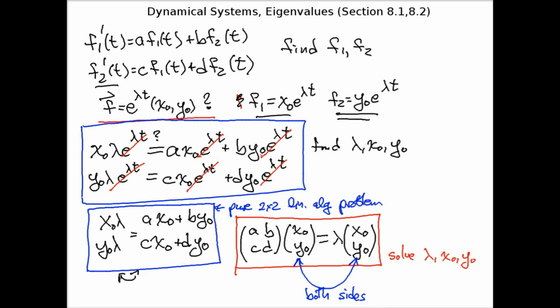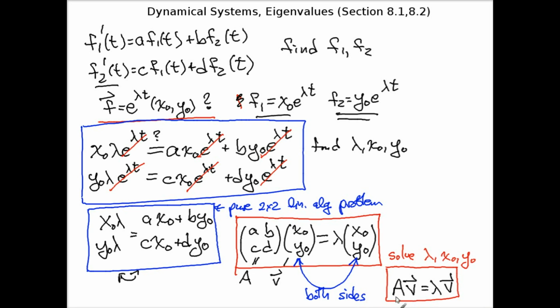If I write this out in shorthand, if I call this vector V and I call this matrix A, I've got the equation A times V is equal to lambda times V. And this is a very important kind of equation. This is an eigenvector and eigenvalue equation.